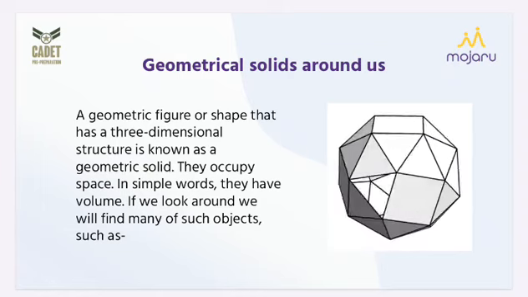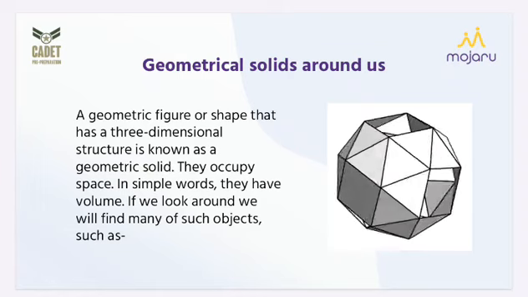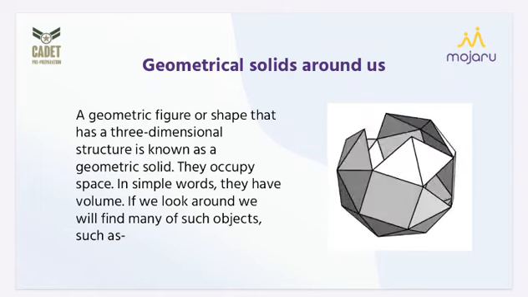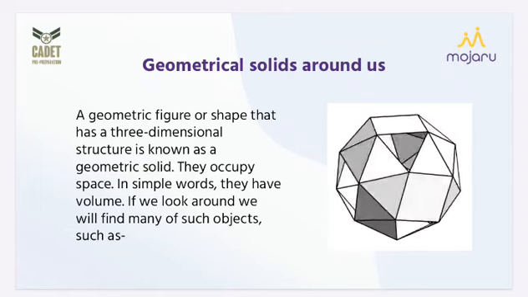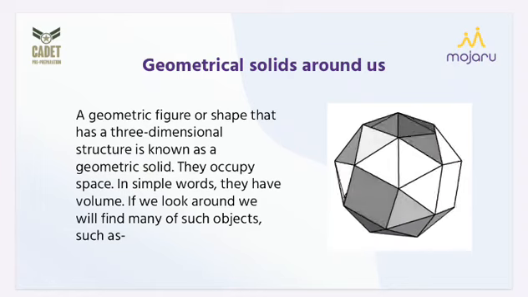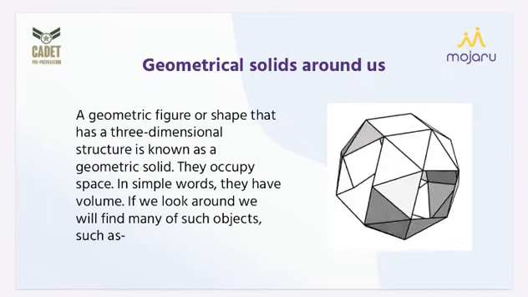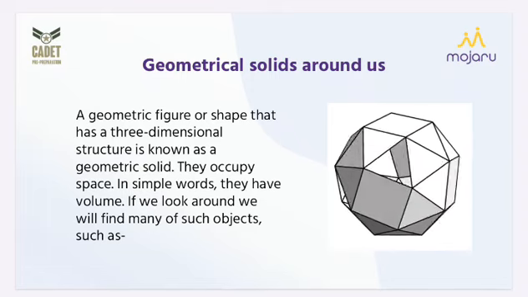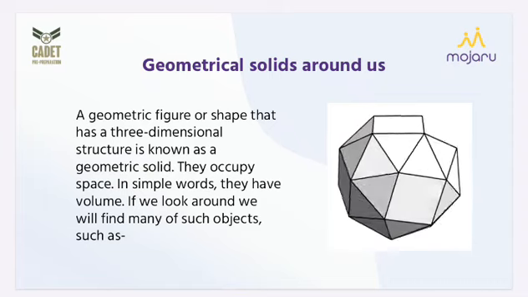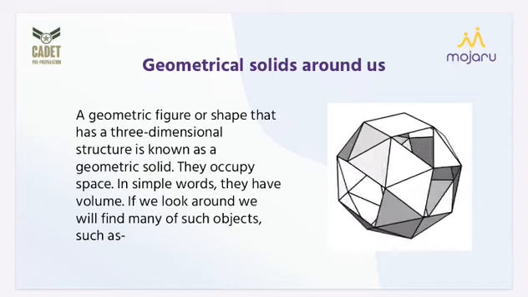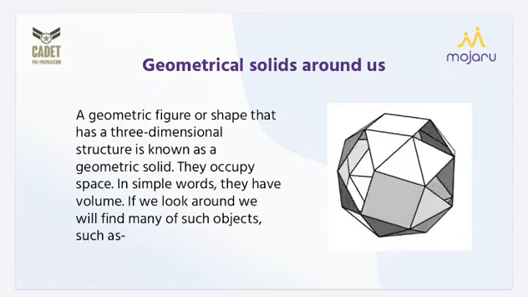Geometrical solids around us. A geometrical figure or shape that has a 3-dimensional structure is known as a geometric solid. They occupy space. In simple words, they have volume. Firstly, we all learned about shapes which have no height, the 2D shapes.